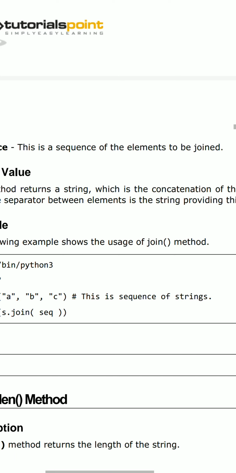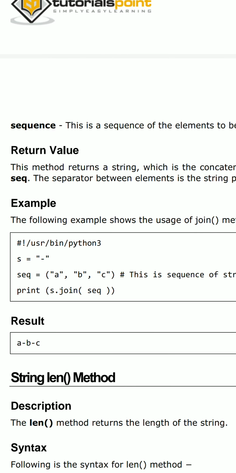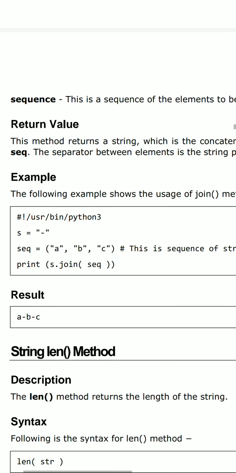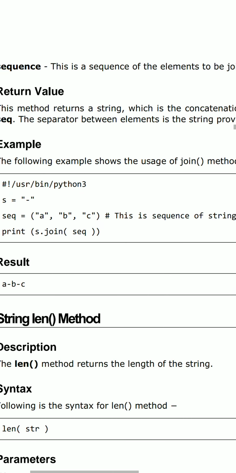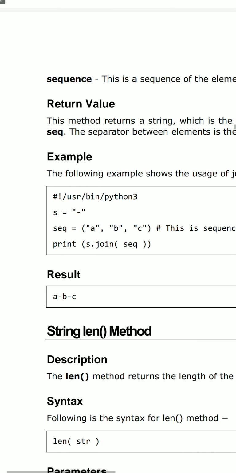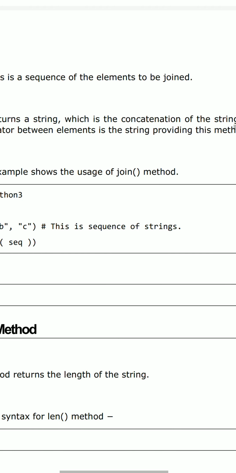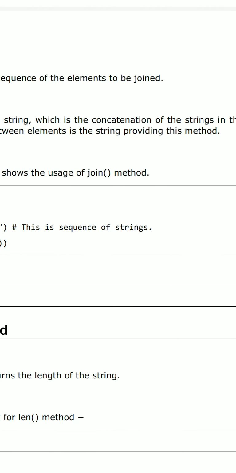That means we can mention the elements to be joined, held by the parameter called sequence. It returns a string which is the concatenation of the strings in the sequence. The separator between the elements is the string providing this method.